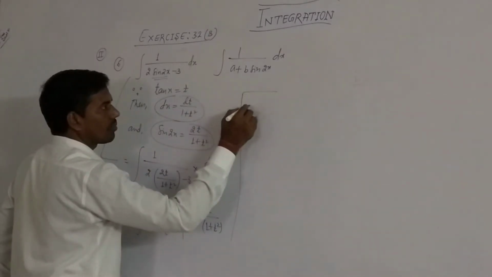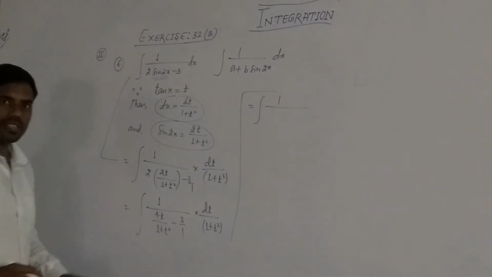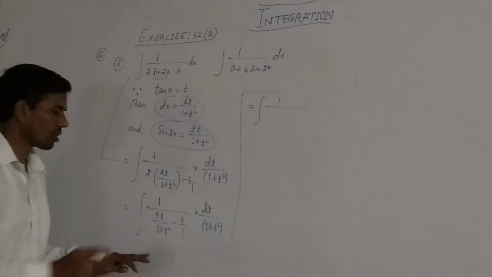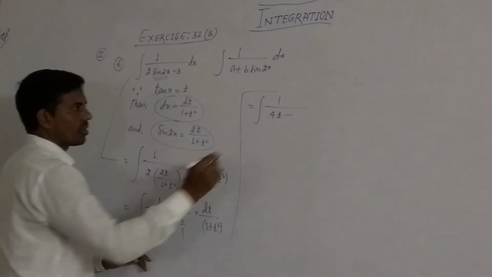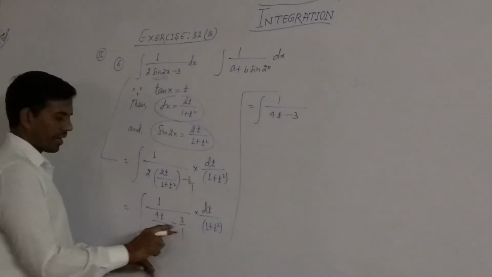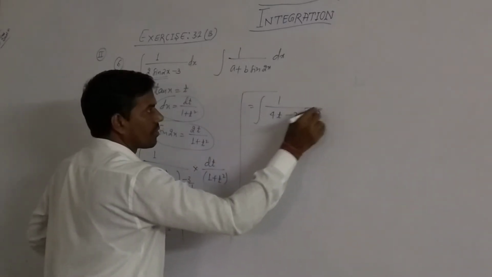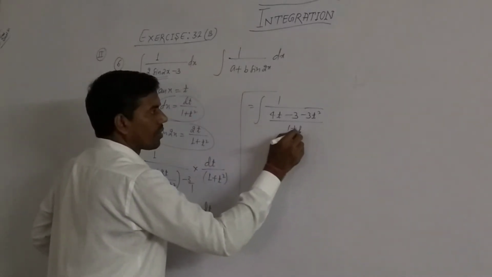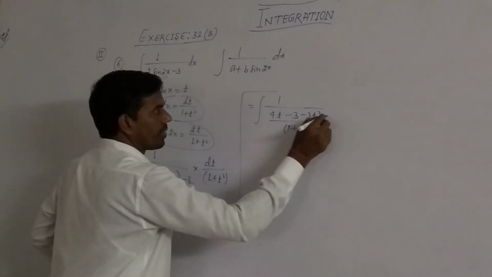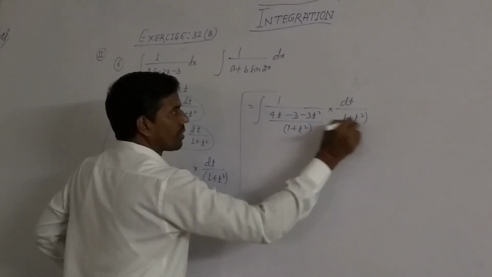After cross multiplication we get 4t minus 3 into 1 plus t square, that is 4t minus 3 minus 3t square, upon 1 plus t square, into dt upon 1 plus t square.